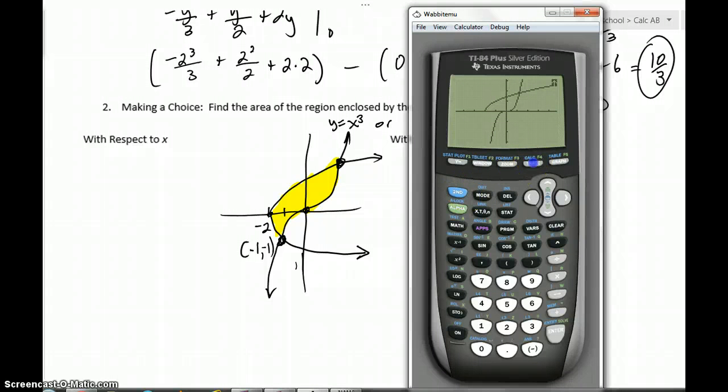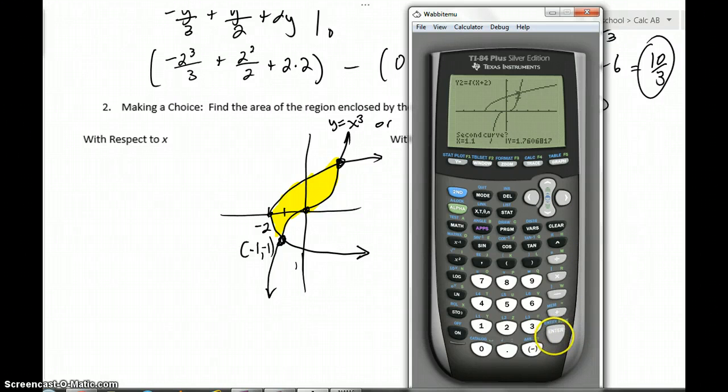Again, a very powerful tool is the intersect tool. Second trace, actually going to second calculate. We'll go to the intersect, choice 5. We'll say first curve. Well, clearly it is the cubic function. You can even see in the top left corner of the calculator screen it says that.